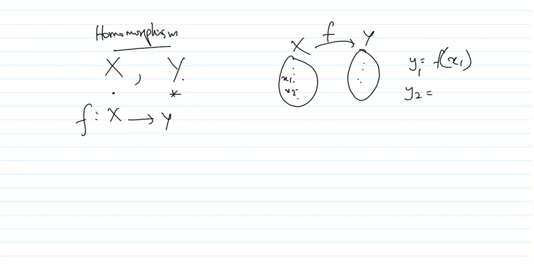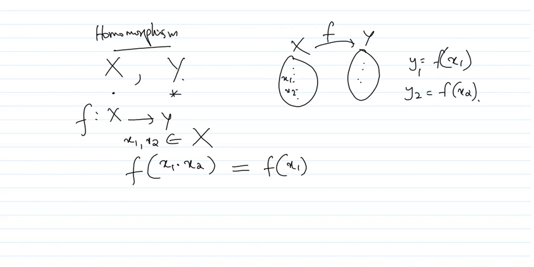So in x, which are the elements? x1, x2. Suppose x1, x2 belong to capital X, and we operate these two using the operation in x, which is dot. So f of x1 dot x2 will be f of x1 star f of x2. f of x1 is the image of x1 in y, and f of x2 is the image of x2, known as y2.